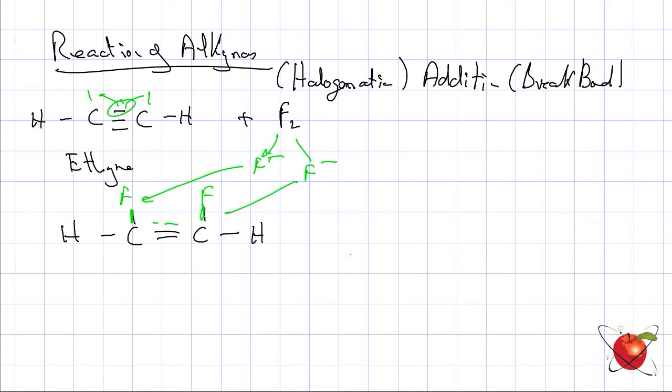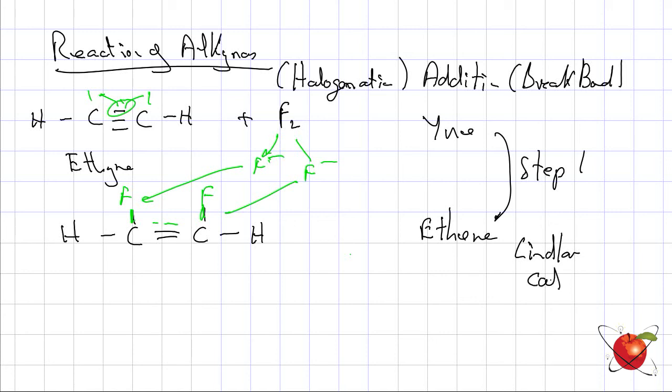So the first one we get is, well, let's name it. This is ethene now, isn't it? We've taken an ine, step 1, goes down to an ene, okay? Remember, the Lindlar catalyst would come in here, right?